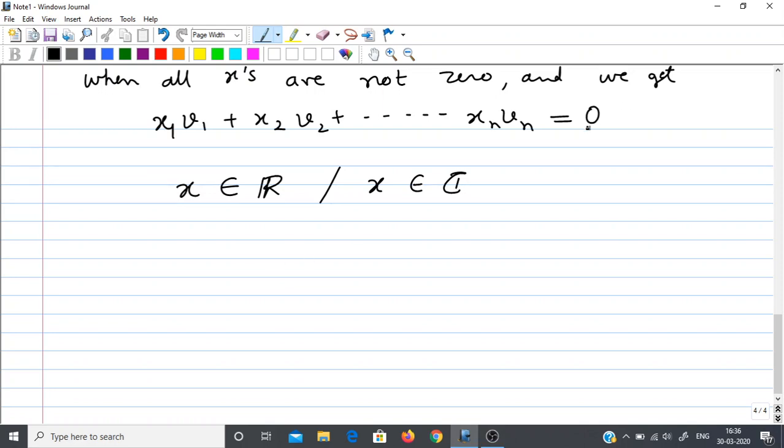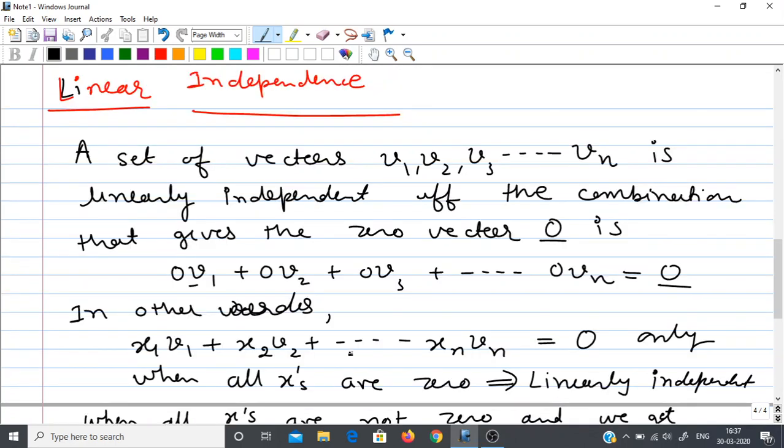So if you have some combination where all x are not zero, and that combination produces the zero vector, then the vectors are linearly dependent. So we saw the definition of basis, and there we saw that basis is what?